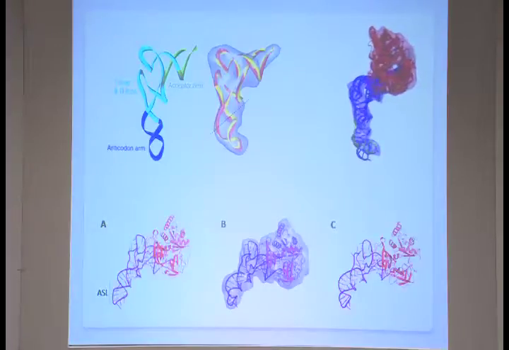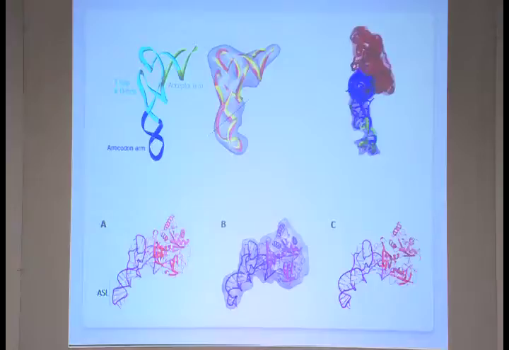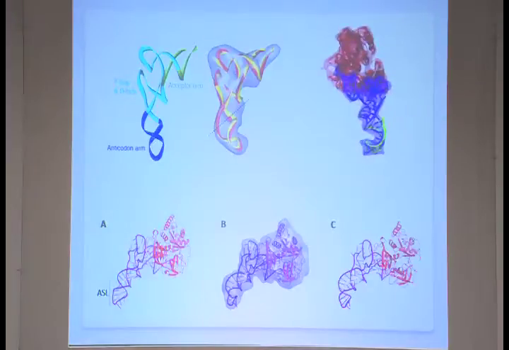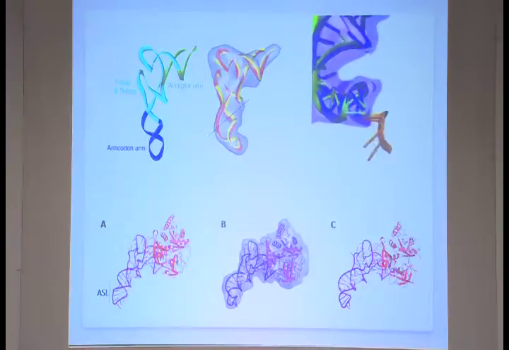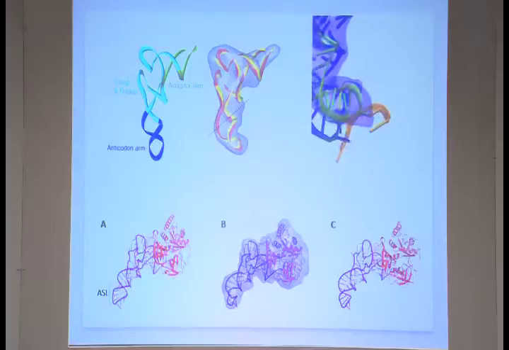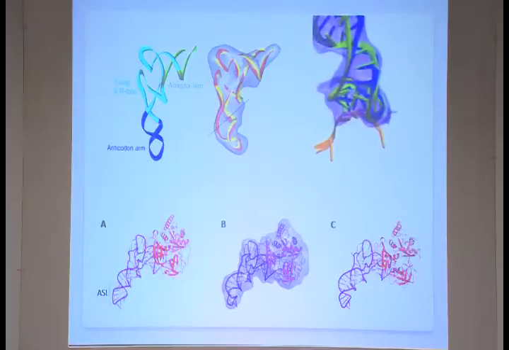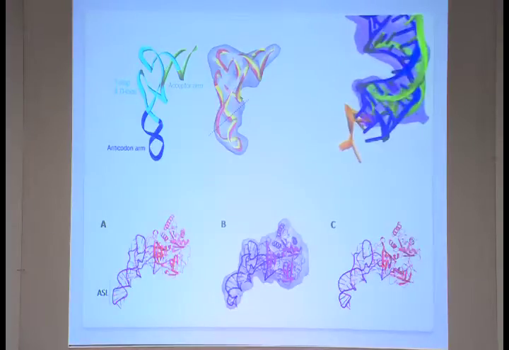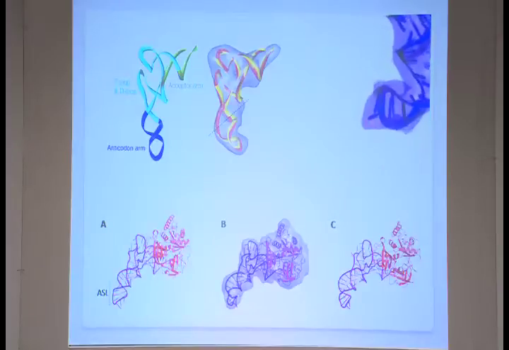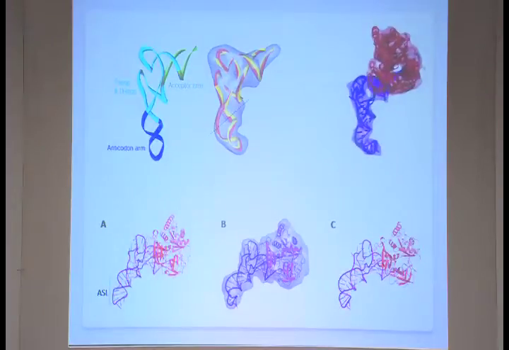That was in 2003. But then the crystal structure of the same complex came out from Venki's group, around 2009 or 2011, I don't remember. There they showed that this kink actually happens when the tRNA reads.